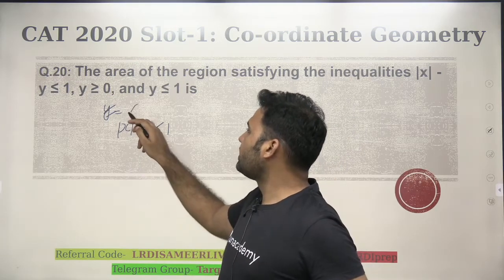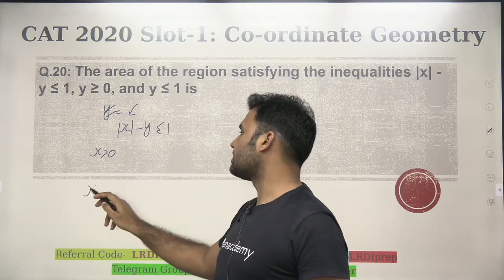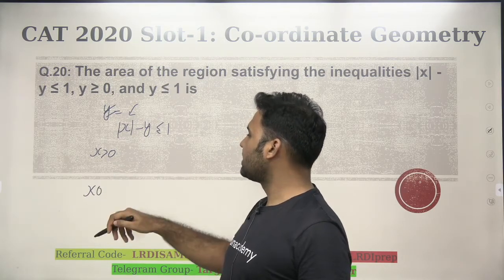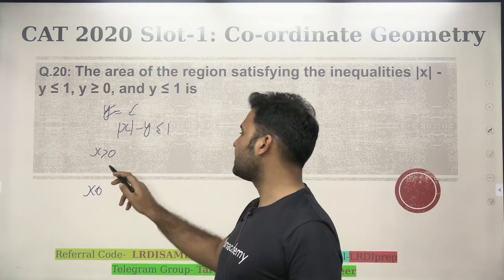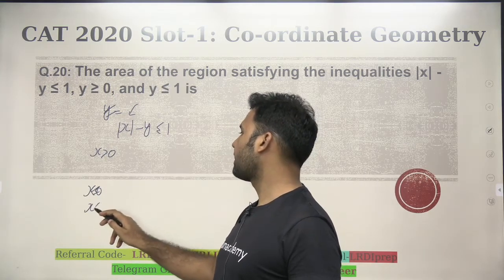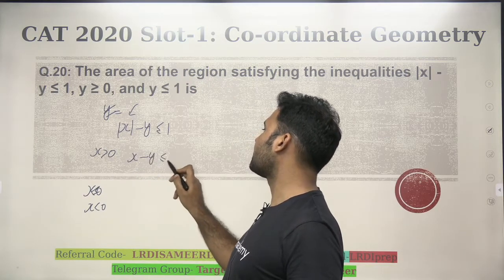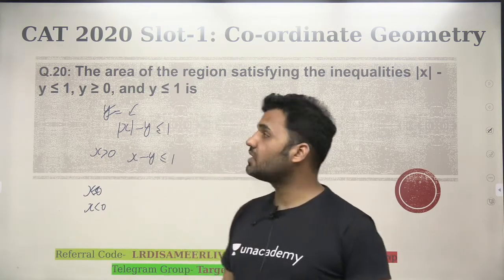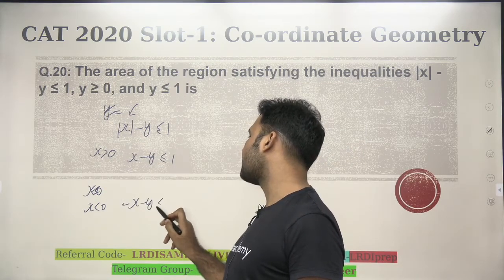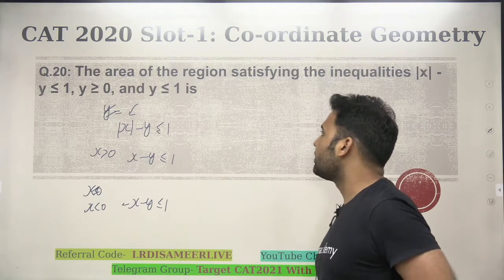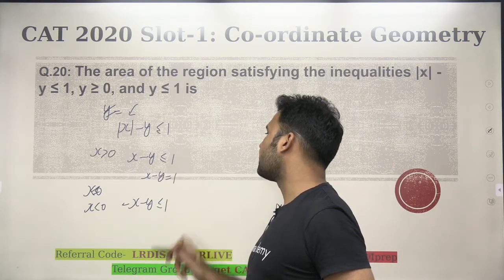See there, guys, the value inside the mod, x, can be greater than 0, it can be less than 0 also. If x is greater than 0, then you will have this equation as x minus y less than equal to 1. If x is less than 0, in that case, this expression would be minus x minus y less than equal to 1. Now, you know how to make the graph of x minus y equal to 1.